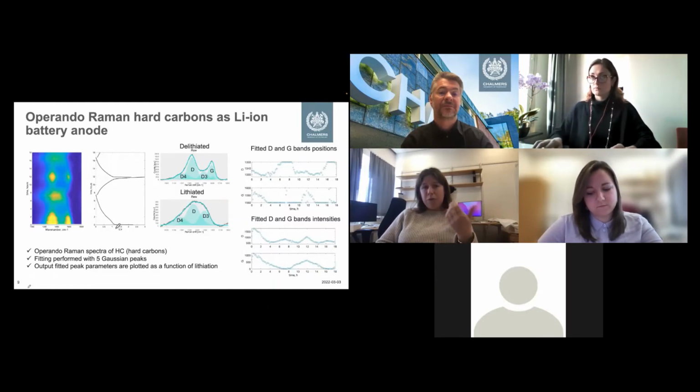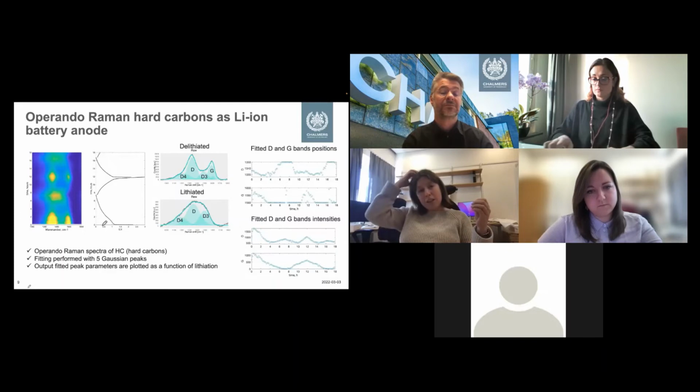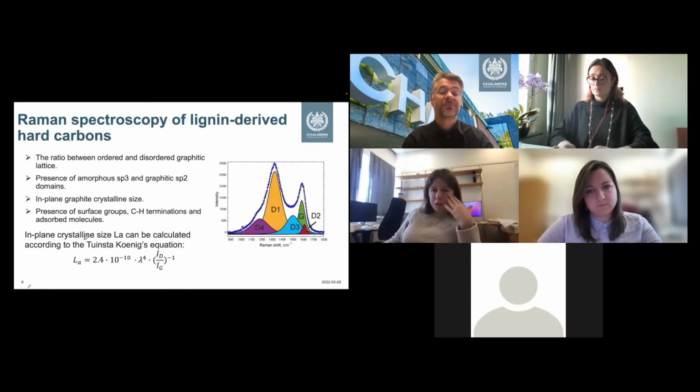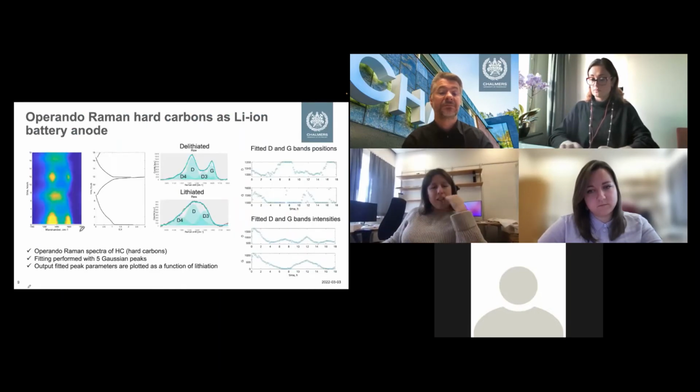These are examples of in situ electrochemical Raman measurements when hard carbon is used as an example of a lithium-ion battery anode. In this case, we cycle it versus lithium, looking at how the lithium ions get into and out of these hard carbon materials by different processes that include both insertion between graphitic planes and adsorption in the pores. And this is an example of the spectra, how it looks.